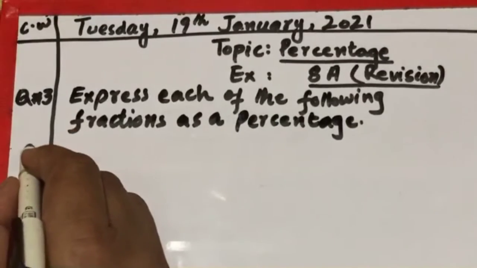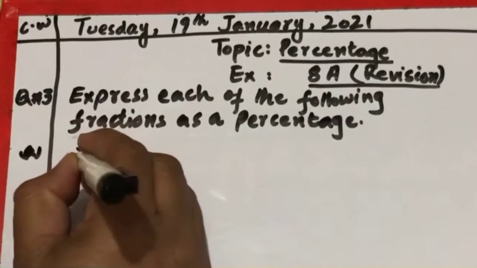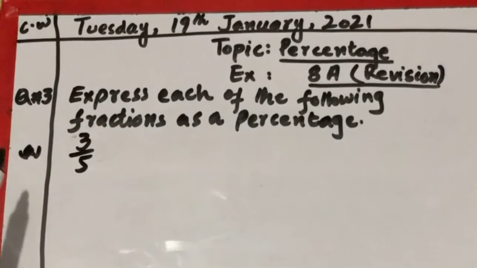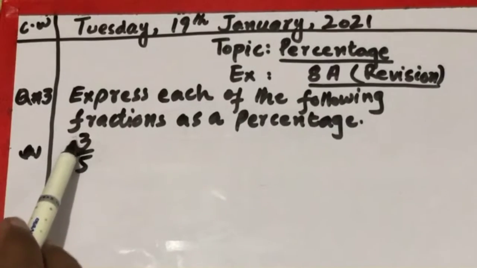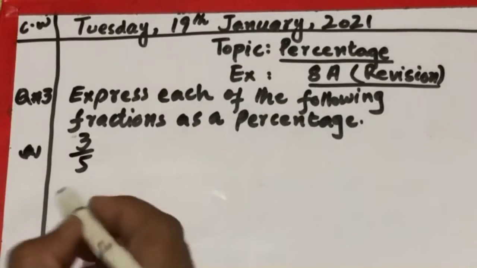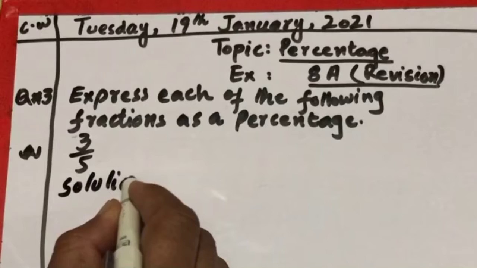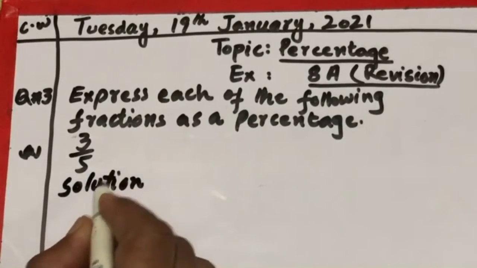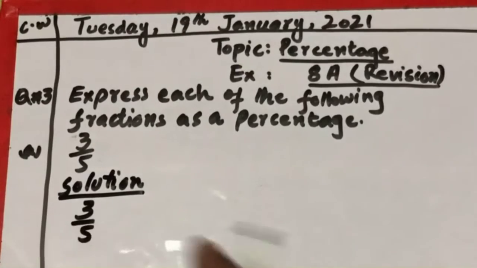The first part of question number 3 is 3 by 5. So in part A, the fraction is given, which is 3 over 5, in which the numerator is 3 and the denominator is 5. We have to convert this fraction into the percentage. So in solution, we will write the fraction again, 3 over 5.